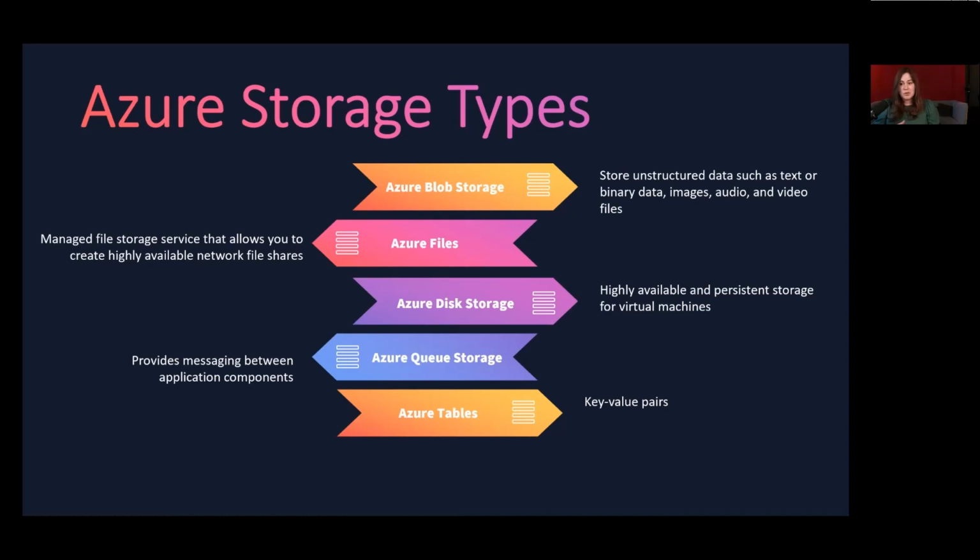Disk storage is highly available storage, but it's usually used for virtual machines. So we don't deploy it in the storage account, but in its own graphical user interface. It's not part of a storage account, but it's handy because they might ask you on the exam what disk storage is used for, and you can say it's for virtual machines and such.